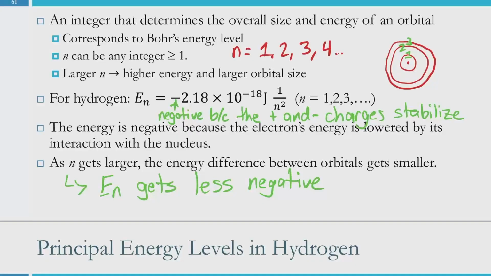So when the electron bounces out to a higher orbit, that's when it's less stabilized. So the energy increases as we go to these higher levels. It's the same electron. Or we could compare an electron really far away versus one that's really close.